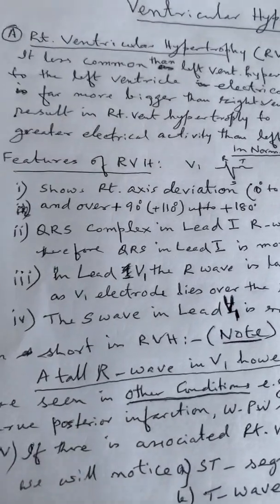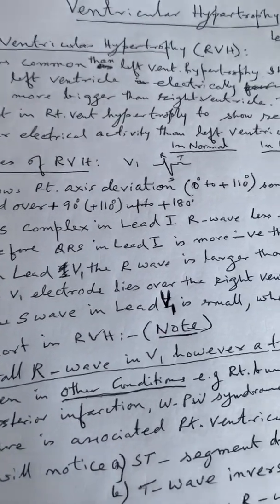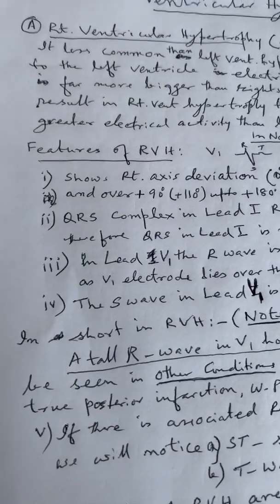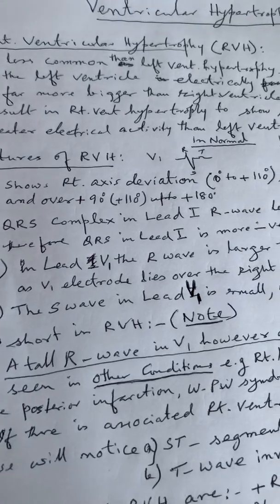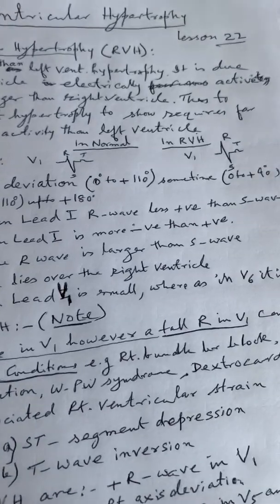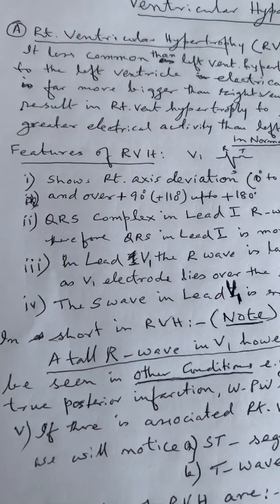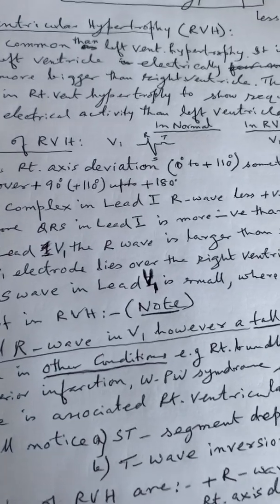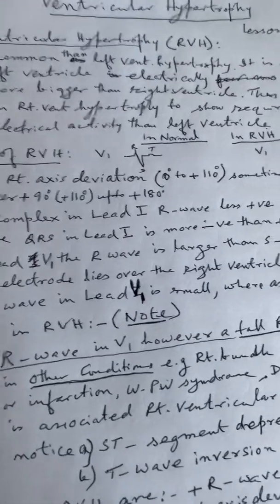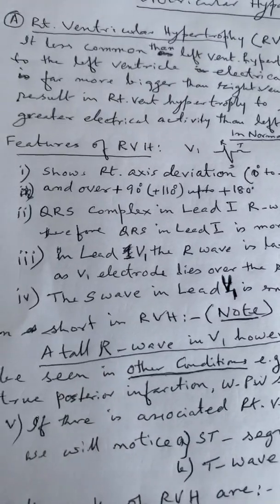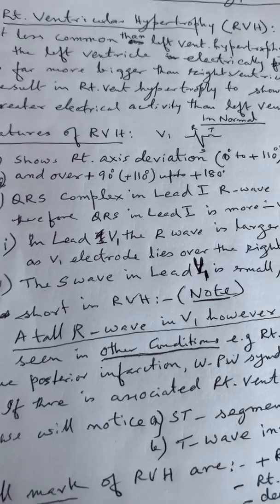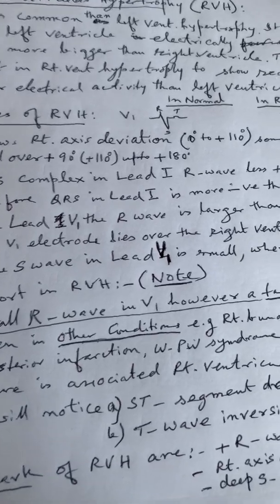It is due to the fact that the left ventricle is electrically very active and far bigger than the right ventricle. Thus, for right ventricular hypertrophy to show, there has to be much greater electrical activity than the left.